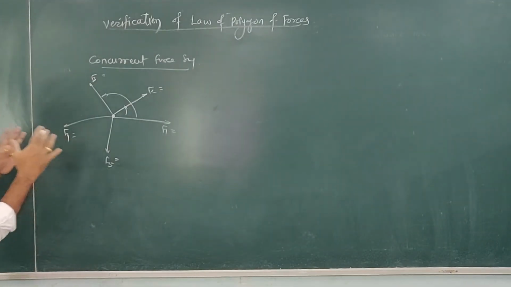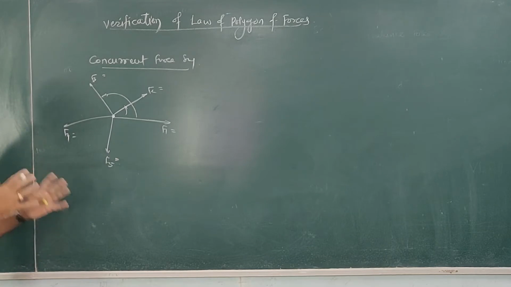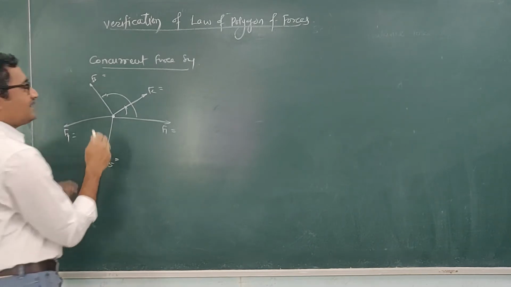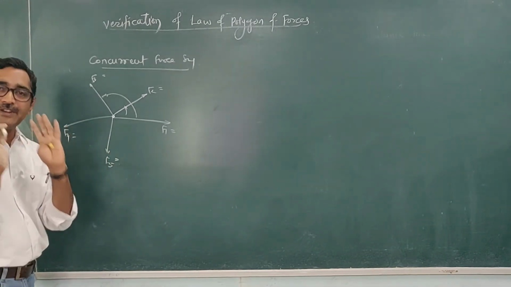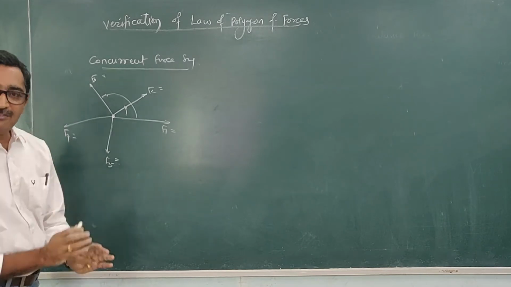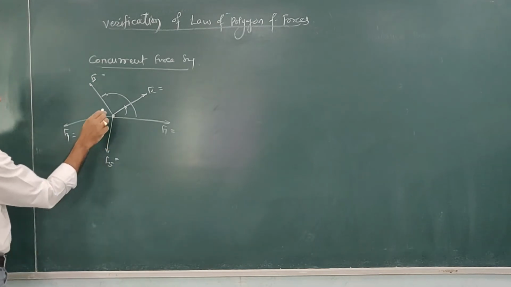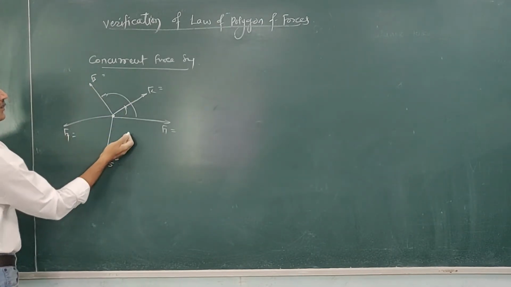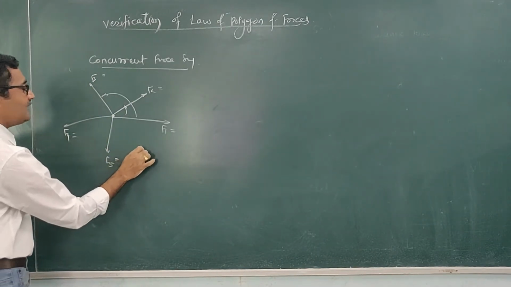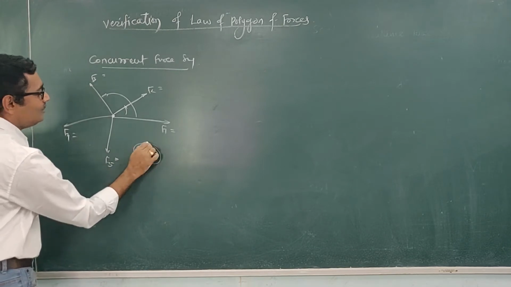We arrange these forces, their magnitudes and angles, such that the force system is in the state of rest, meaning it is in equilibrium. And if I ask you for this concurrent force system which is in the state of rest, what will be the resultant? The resultant has to be equal to 0.